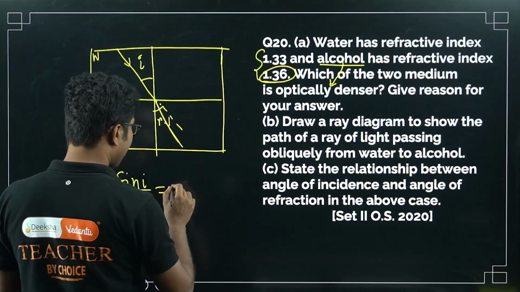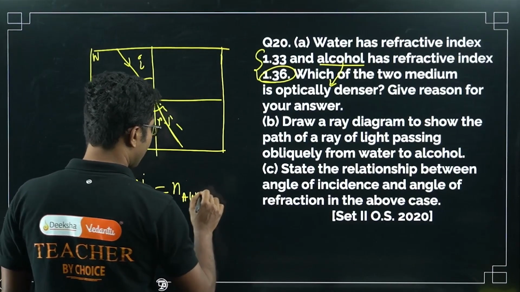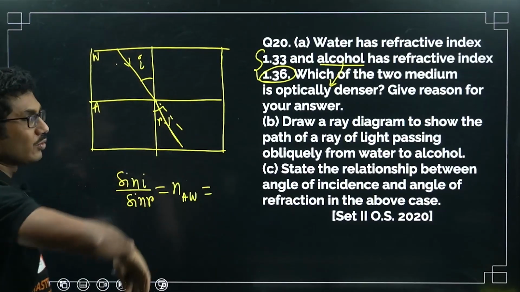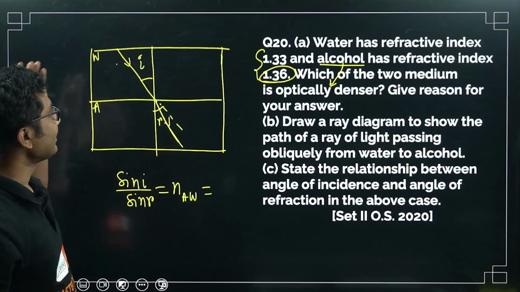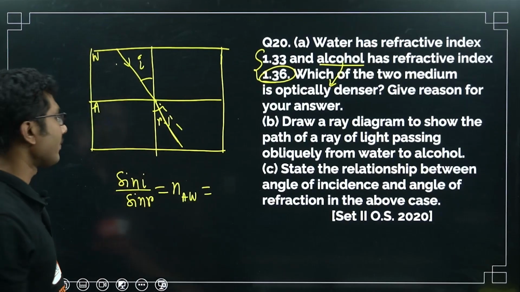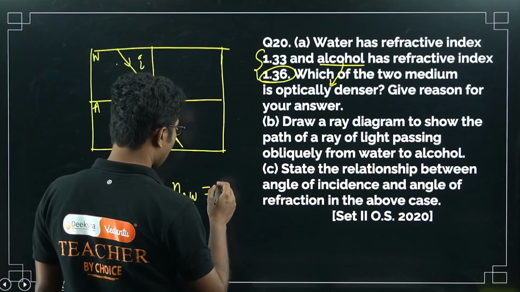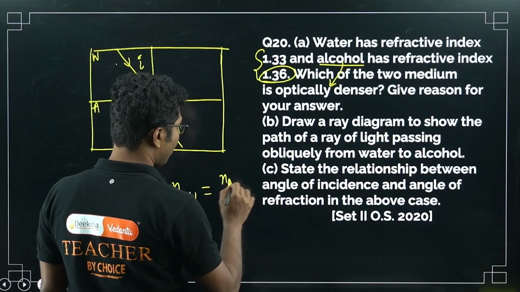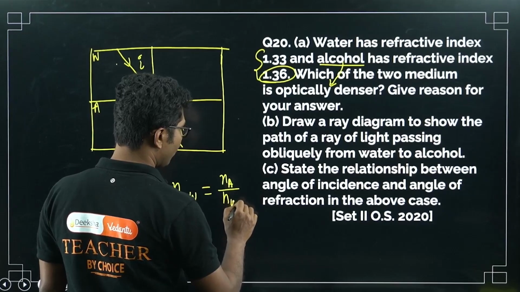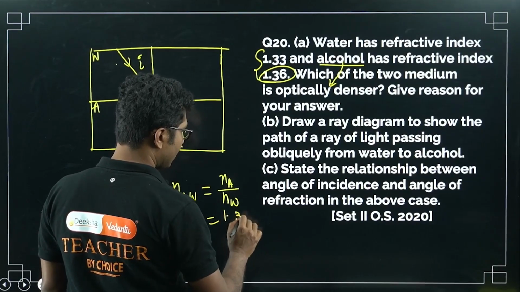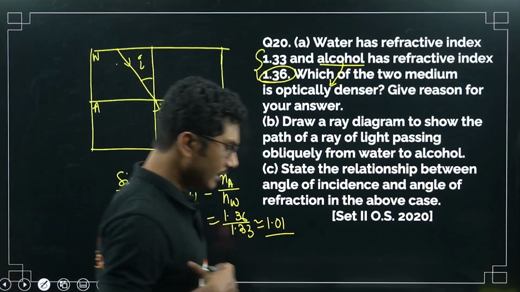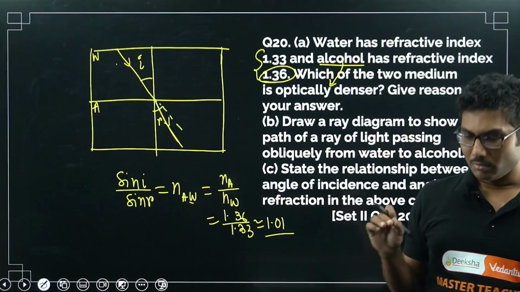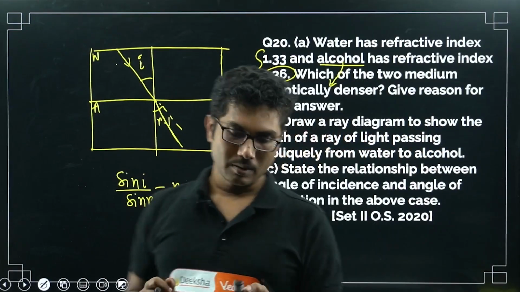When light is traveling from air to water, we measure the refractive index of water. Similarly, here light is traveling from water to alcohol, so it will be refractive index of alcohol divided by refractive index of water. So 1.36 divided by 1.33 is 1.01. So the values of I and R will be almost the same, but not exactly the same.